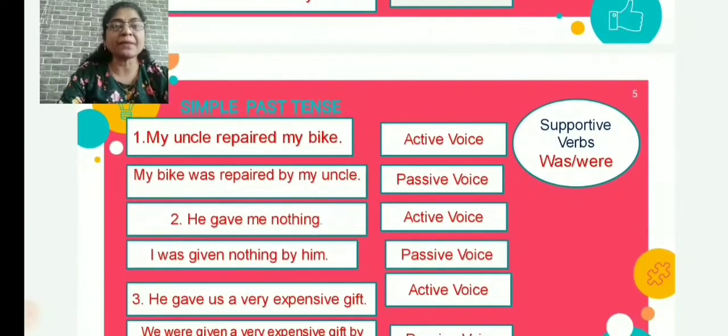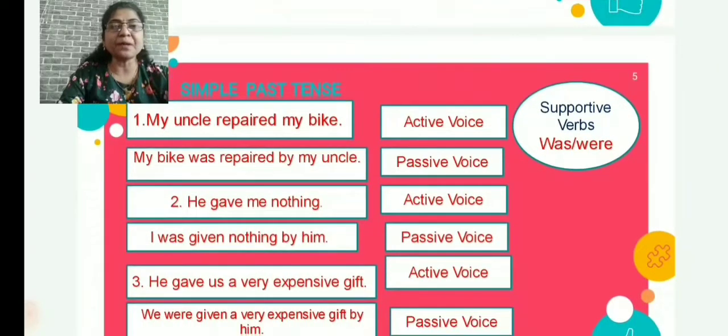Now simple past tense. In the same way, in simple past tense also we don't have a supportive verb. Now see an example: "My uncle repaired my bike," active voice. The same formation as I told in active voice: my uncle is the subject, repaired is the verb, that is the action, and my bike is the object. The correct formation of active voice.